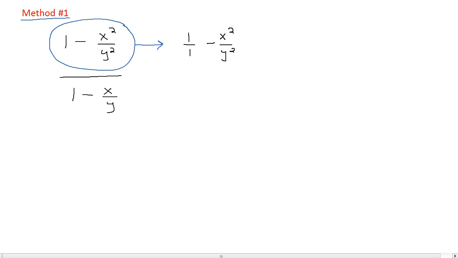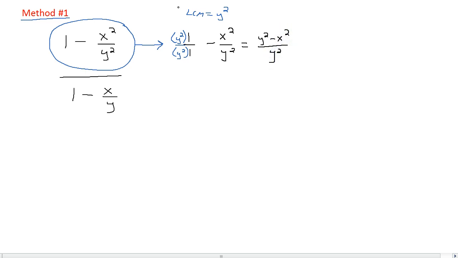Okay, so my LCM for this small part of this problem here is 1y squared. It's just a y squared. So I'm going to need to multiply this first quantity by y squared over y squared. And what happens when I do that is I get y squared minus x squared over my common denominator, which is y squared.